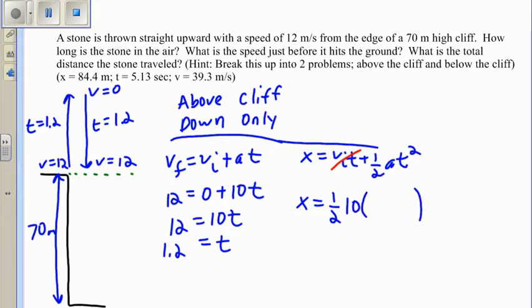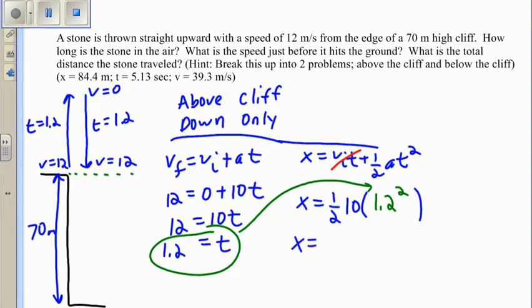Well, I just found the time down. That's this guy. Alright. So I plug this in, and I get 7.2 meters. So 7.2 meters is this distance right here above the cliff. It's also the distance here going up.